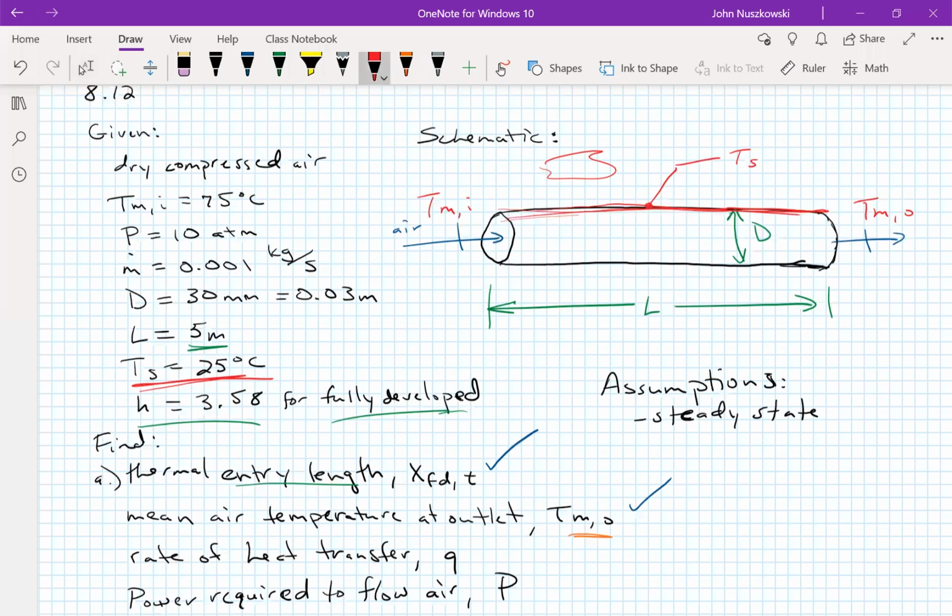So this is our tube, and this is the heat transfer. What would we be able to do to solve that?